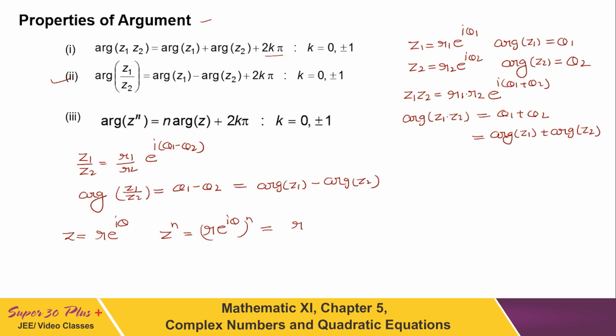It is r to power n into e to power iota theta n. So now if we find the argument of z to power n, then we can write it is n theta, where theta is the argument of z. So we can write it is n times argument of z. So property 3rd is proved here.